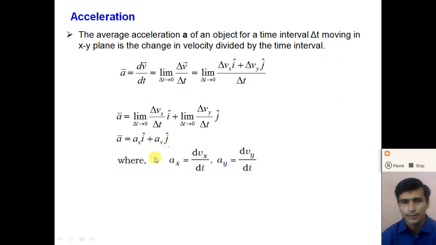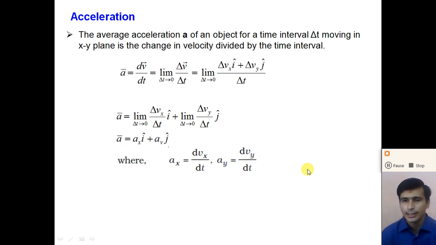You can easily find the magnitude of the acceleration as the square root of ax squared plus ay squared, and the angle theta with the x-axis is tan inverse of ay divided by ax. So dear student, average acceleration is the change in the velocity divided by the time interval, and the direction of the average acceleration is in the direction of the change in the velocity.